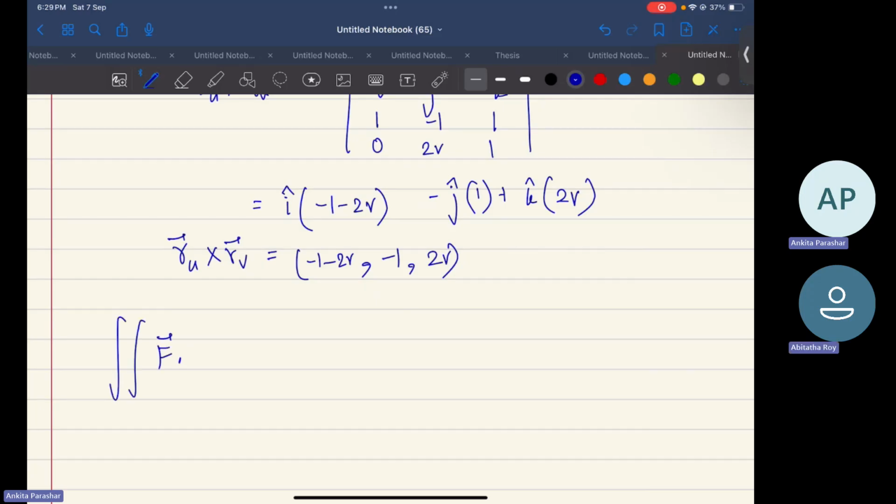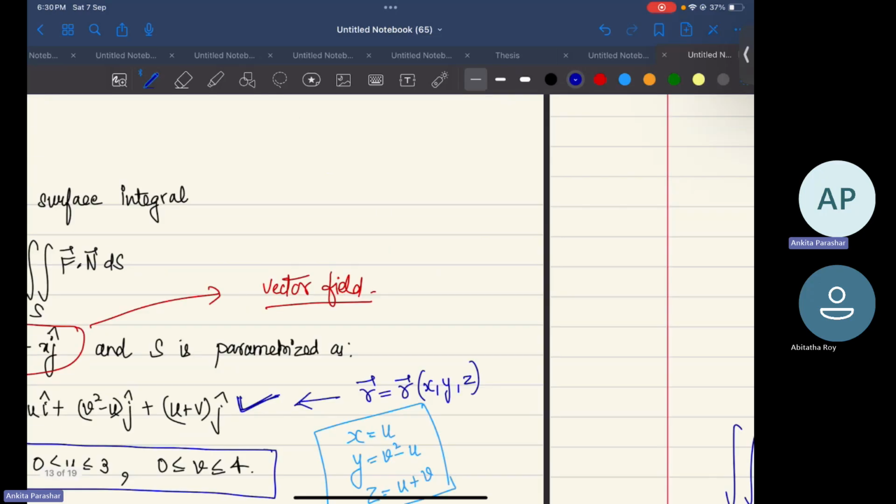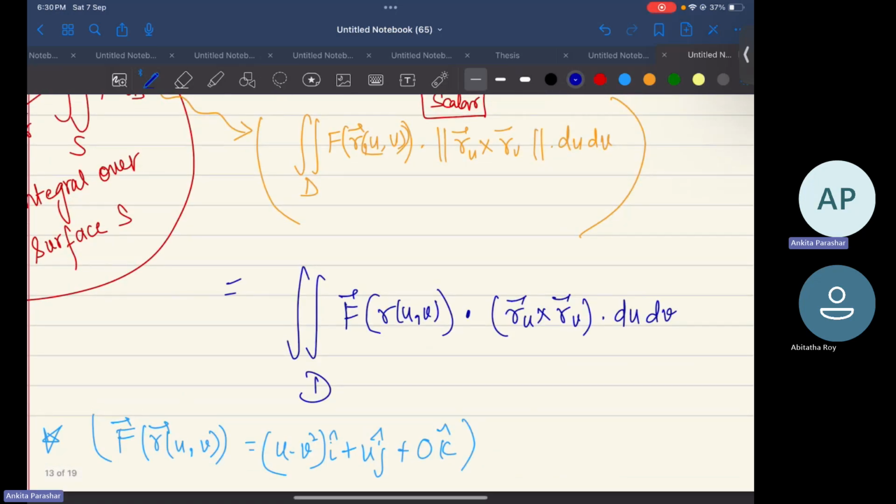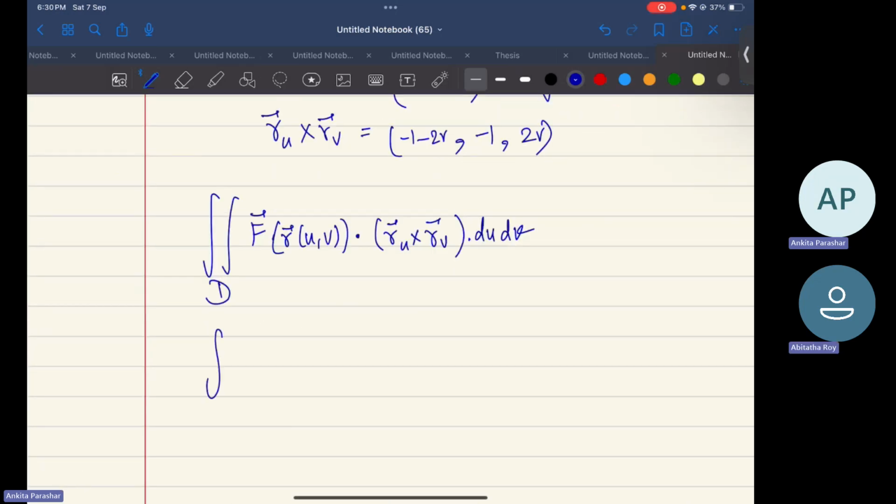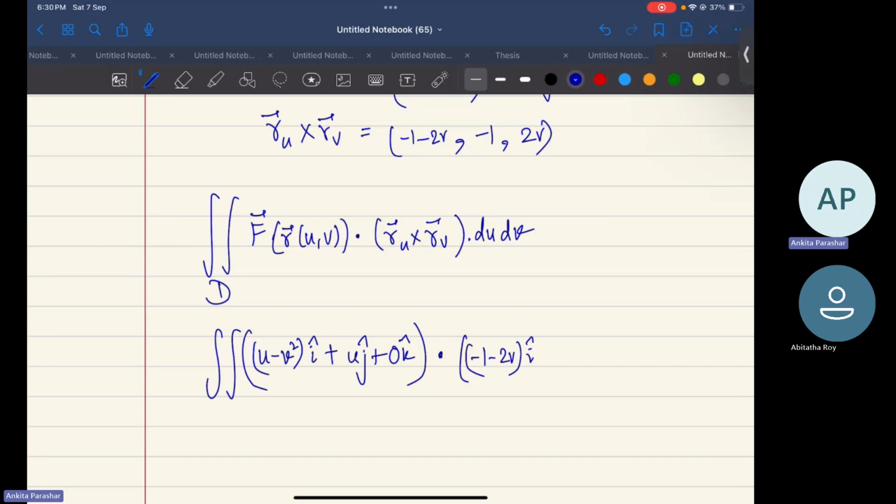All right, so let's go back. F of R(u,v) dot product R_u cross R_v du dv over the region D. So F of R(u,v) we had is u minus v square i cap, and u j cap, plus 0 k cap, and this cross product is minus 1 minus 2v i cap, minus j cap, 2v k cap, times du dv.